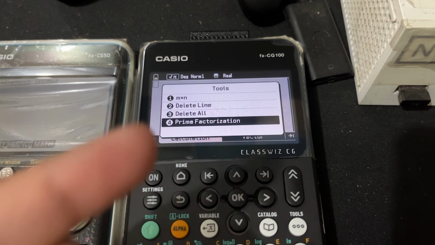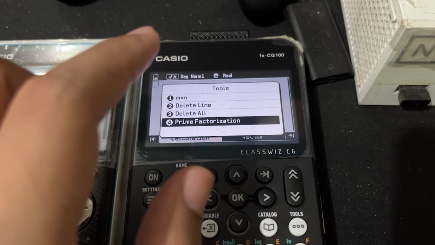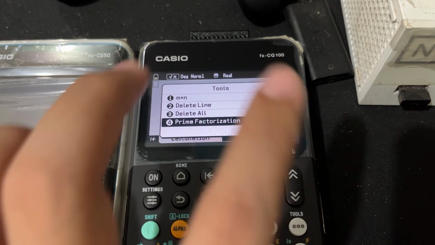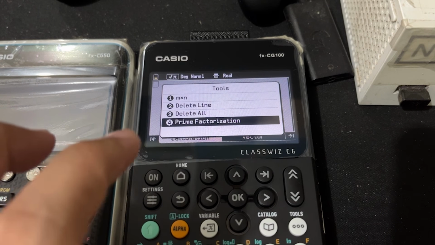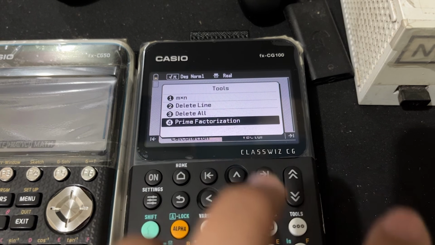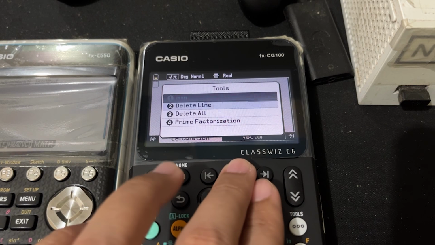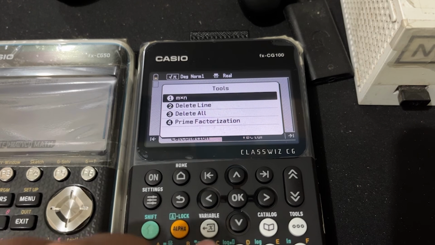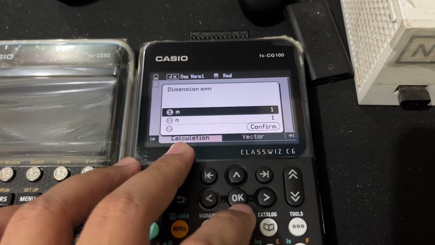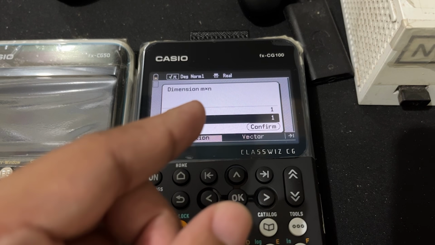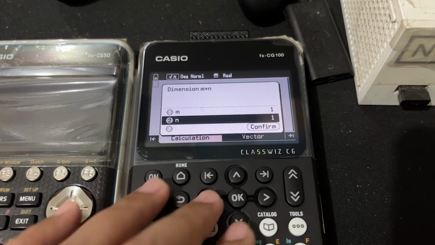I saw it in school, for example you have 45, you can split it into 5 times 9, and then split 9 further. Again, this one I don't know what it is. Is it M and N, dimension M and N? I don't think so. I never seen this before.